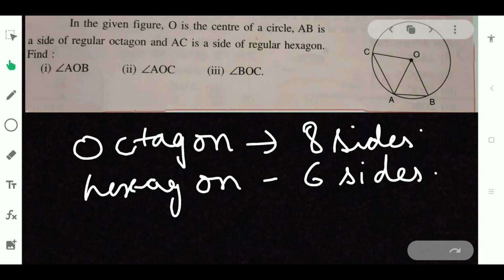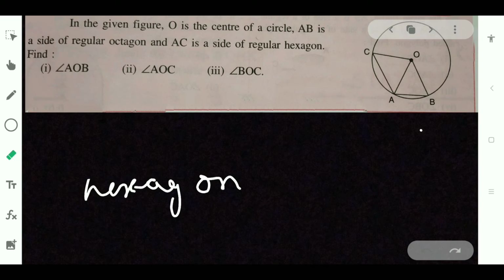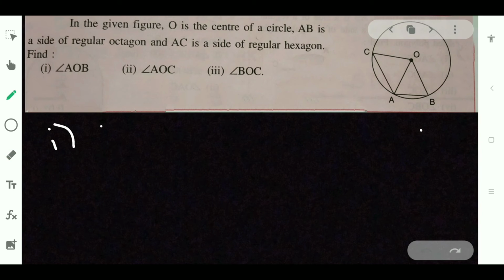What they asked in the question is to find the 3 angles. 3 subparts of this question are given, and we have to find those 3 values of the angles. So let us do the first part, angle AOB. You can just have a look at the figure.